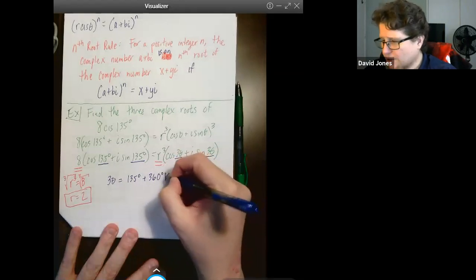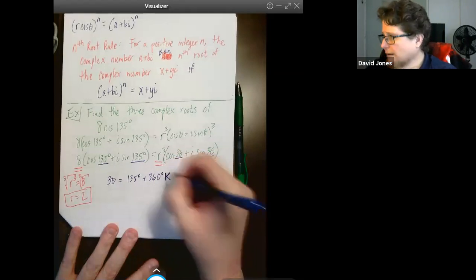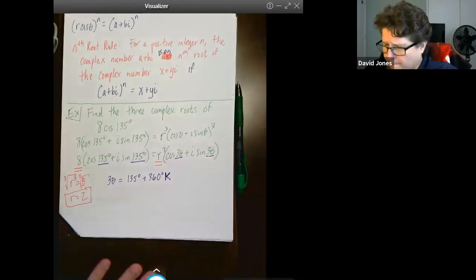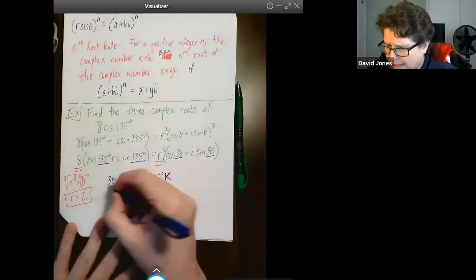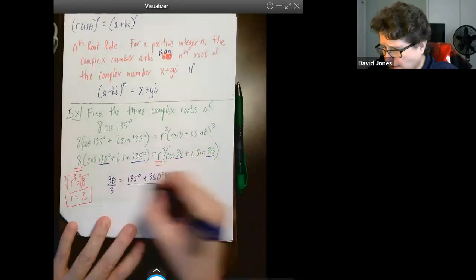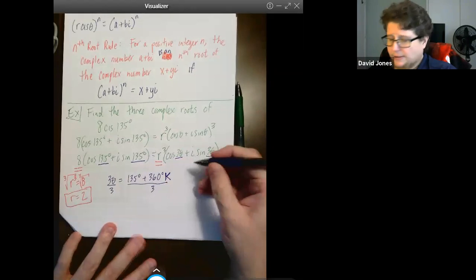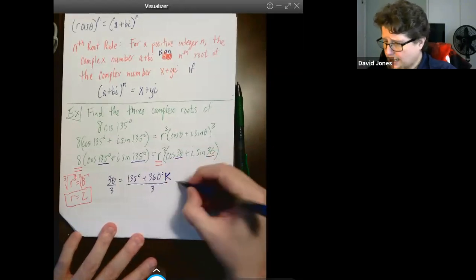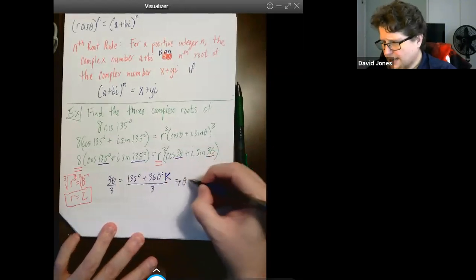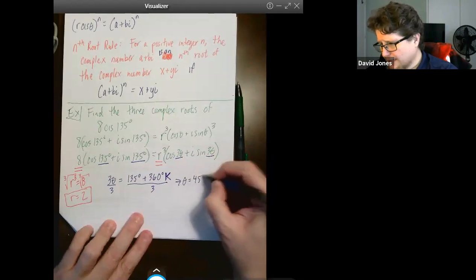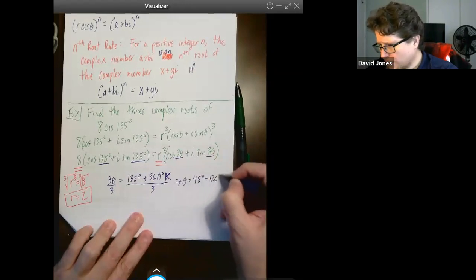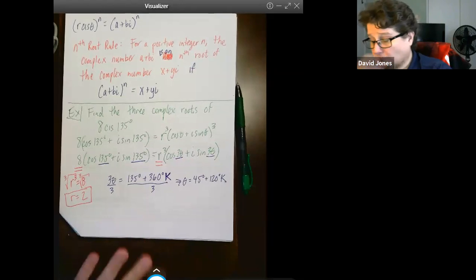And we'll say it can go around k times. It can go around a lot. So we find theta, and we get theta equals 45 degrees plus 120 degrees times k.